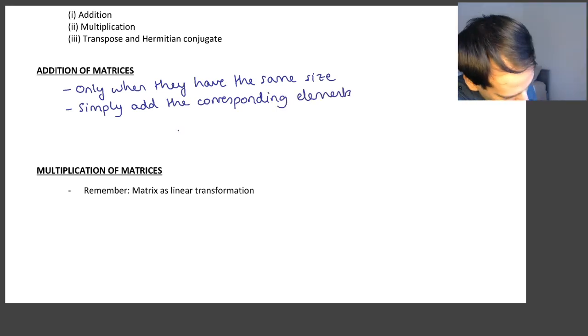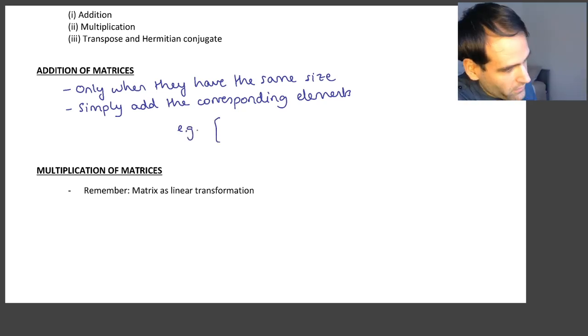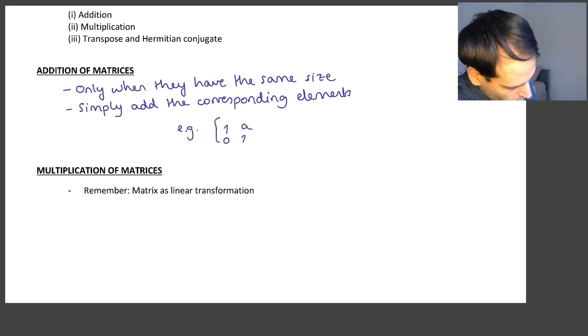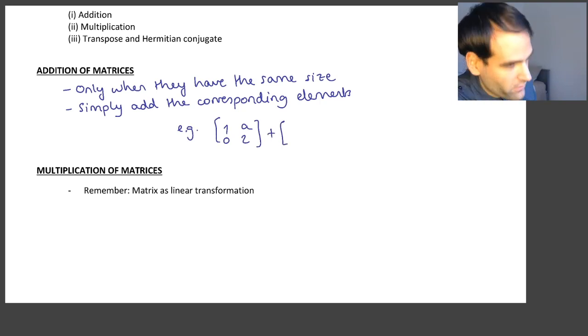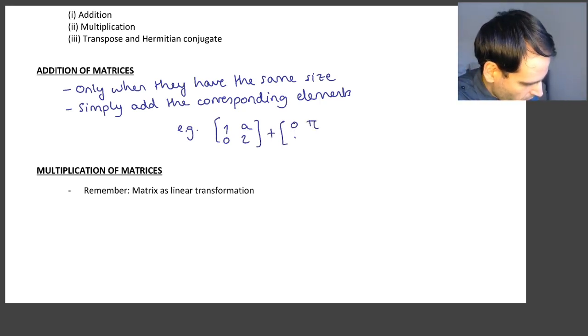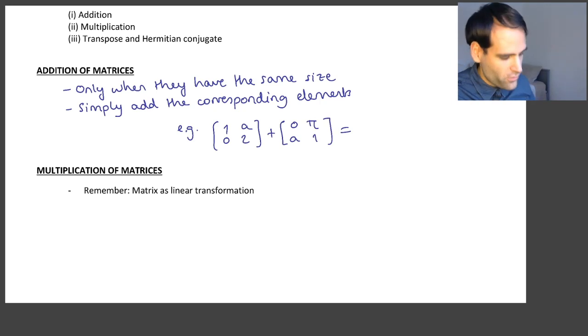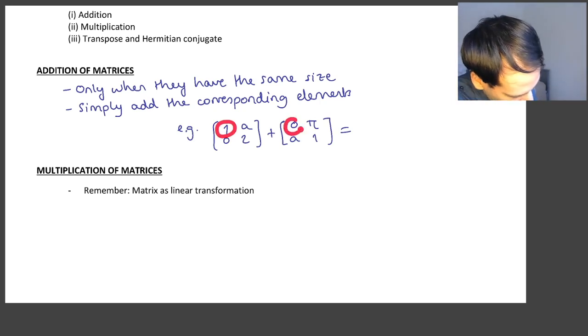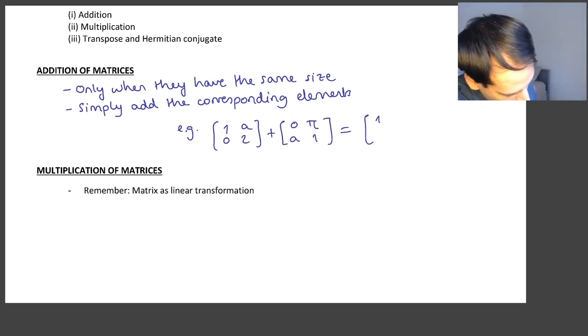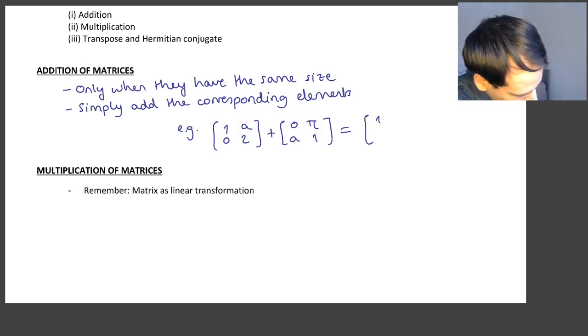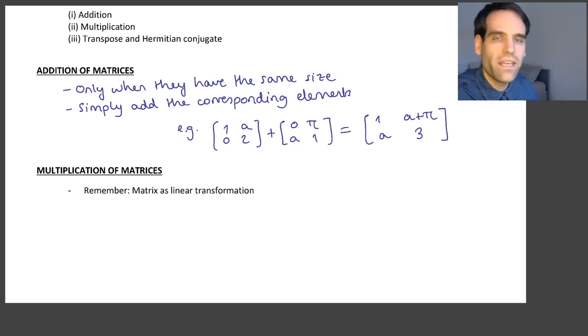For example, if you want to add the matrix 1, a, 0, 2 plus the matrix 0, pi, a, and 1, to add these two, you just have to add the first element with the first element, which is 1 plus 0 is 1. Then you add second element to second element, a plus pi, and so on, 0 plus a, and 2 plus 1, 3. And that's how we add matrices.